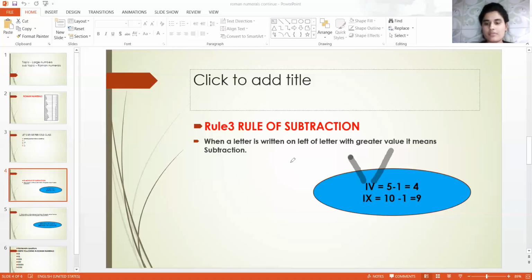So here we have I and then V, and V is the greater, and the greater is on the right side.